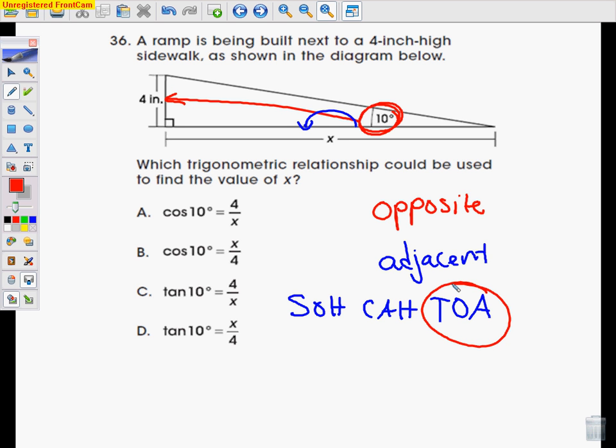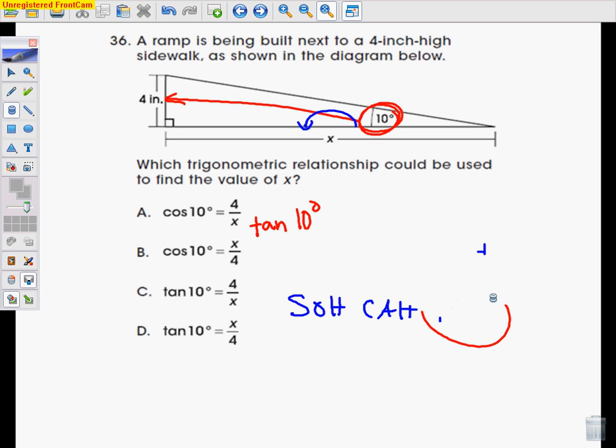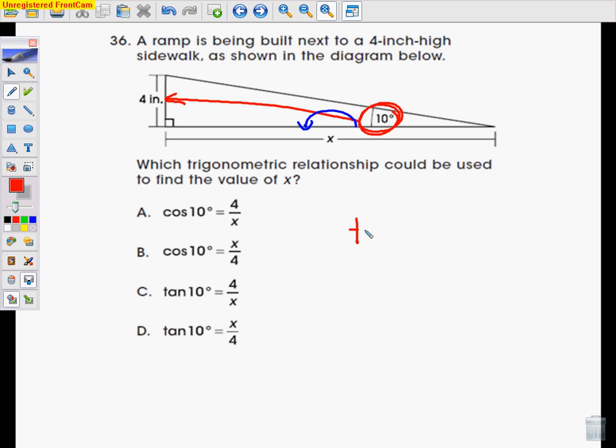So, that means that the tangent of 10 degrees is going to be opposite again, and the opposite from 10 was 4, over the adjacent, which is x. So that would be C. Tangent of 10 degrees is 4 over x.